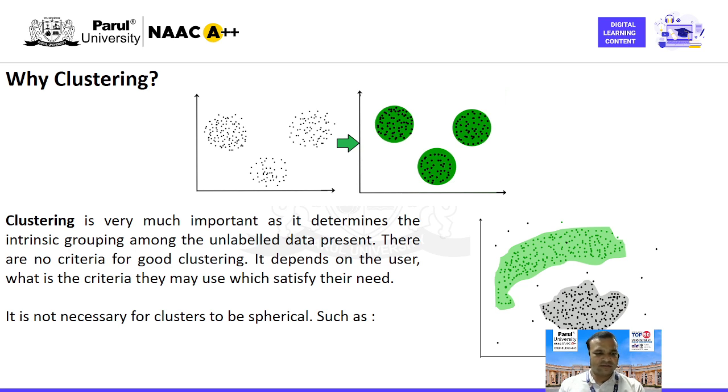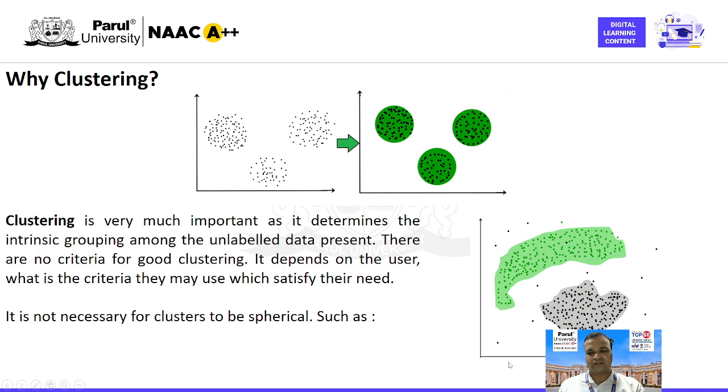Okay, it is not necessary for the cluster to be spherical. This will happen; there is not any spherical shape. It will happen in this shape also. So clustering will happen this way also.